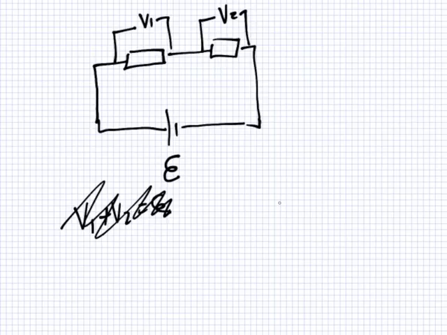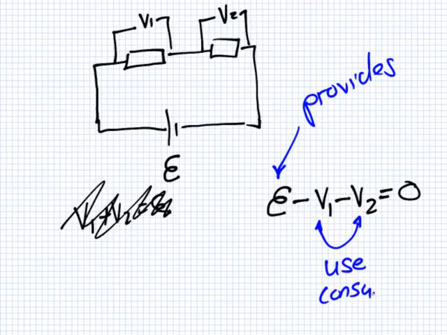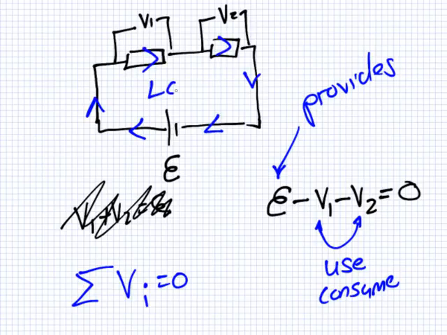Instead, it's V1 plus V2 minus E equals 0. The other way, E minus V1 minus V2 equals 0. So look, this provides voltage, and then what do the resistors do? They use or consume voltage. So as a formula, total voltage equals 0 when you travel around in a loop. So this is called a loop.